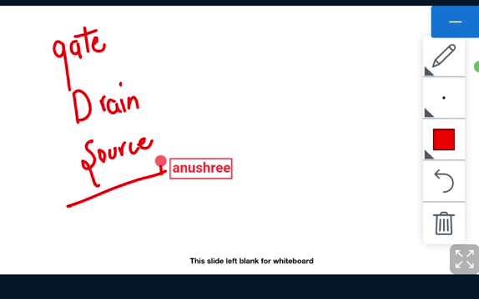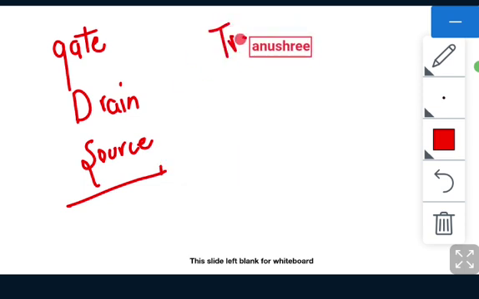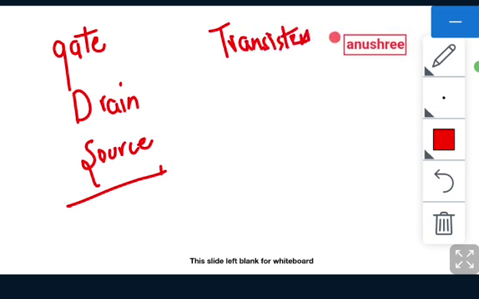A PNP transistor switches on when there is no flow of current at the base, and an NPN transistor gets power when current flows through the base. But there's nothing about a current control device. Oh wait, it is there on the other page. So transistors like PNP and NPN are both current control devices.